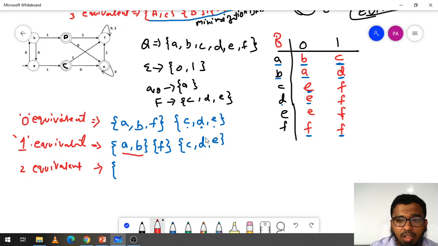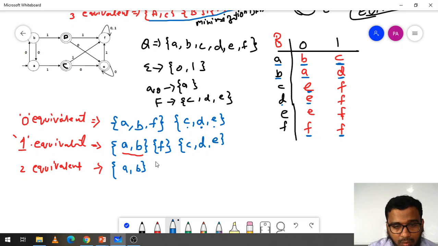A on 1 is C, B on 1 is D. C and D are also in the same set. So A comma B is two equivalent. F is single, so just take it as it is. We do not need to find an equivalent for F.